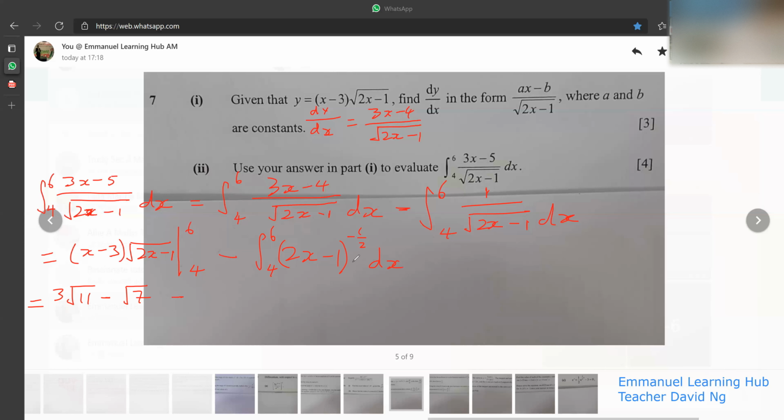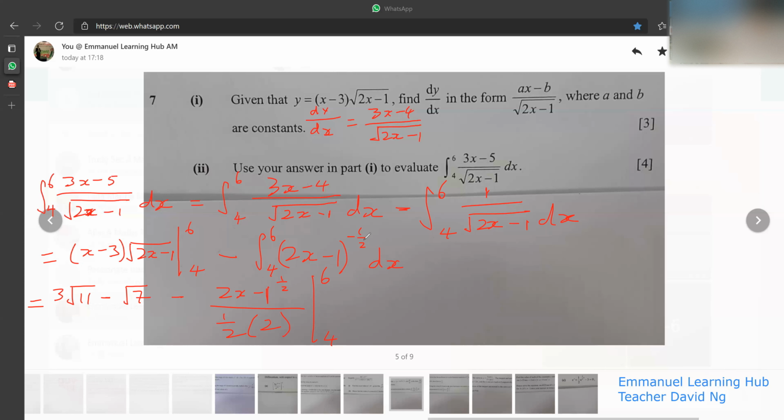Then minus this guy here. I integrate 2x minus 1 to the power of half over half times 2, from 6 to 4. This part you understand, the integration. Because I integrate, instead of bringing down the power, instead of minus 1, I plus 1.